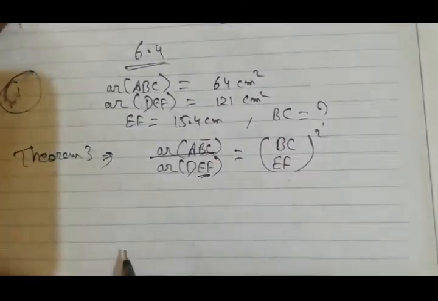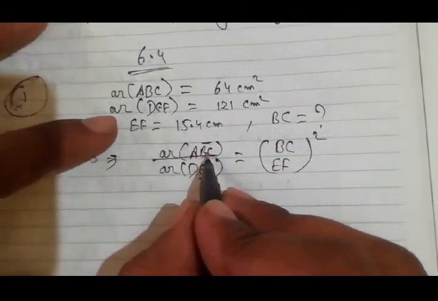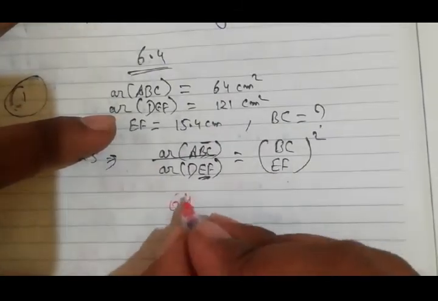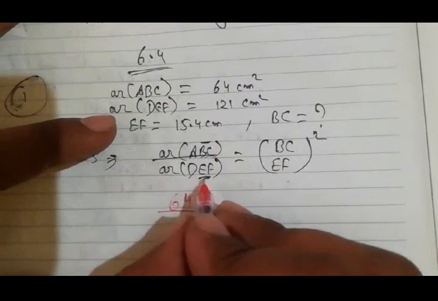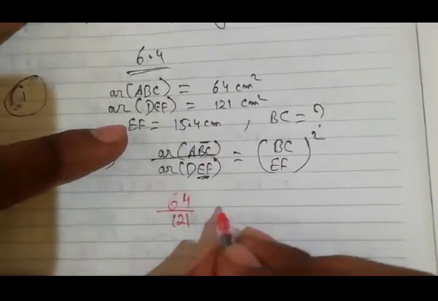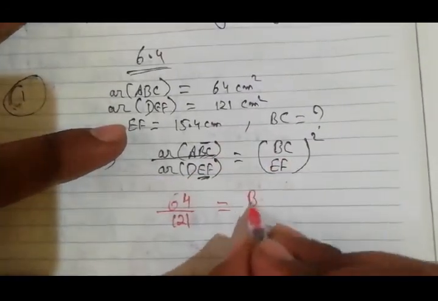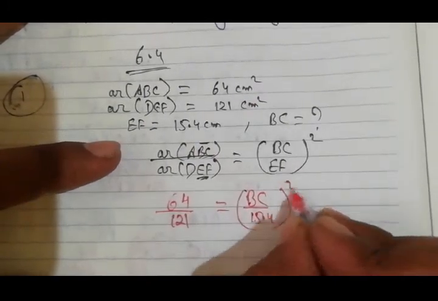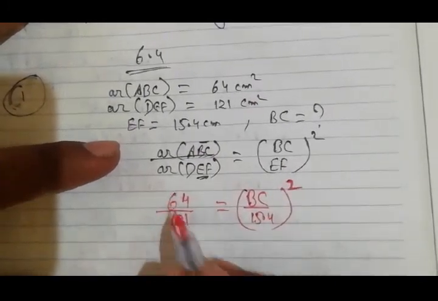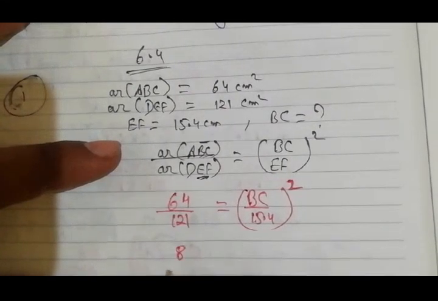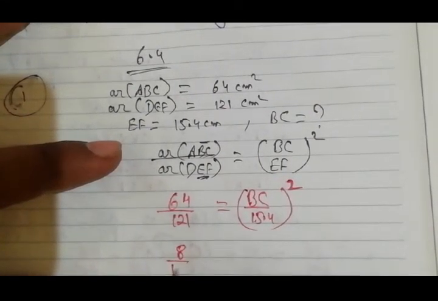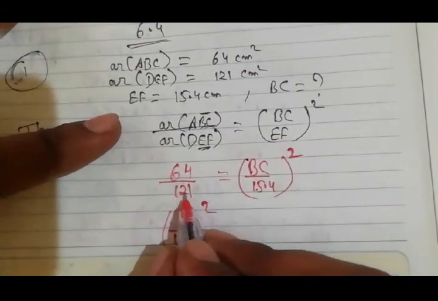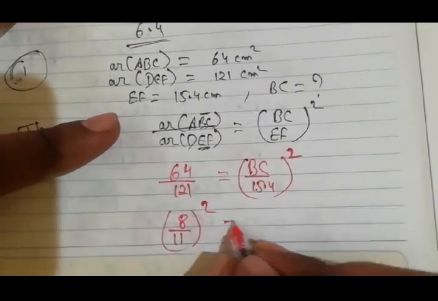Now we will put the values here. Area of triangle ABC is 64 and area of DEF is 121, equal to BC, which we have to find, upon EF, which is given as 15.4 centimeter, whole square. Now 64 upon 121 can be written as 8 upon 11 whole square, because 11 square is 121 and 8 square is 64.